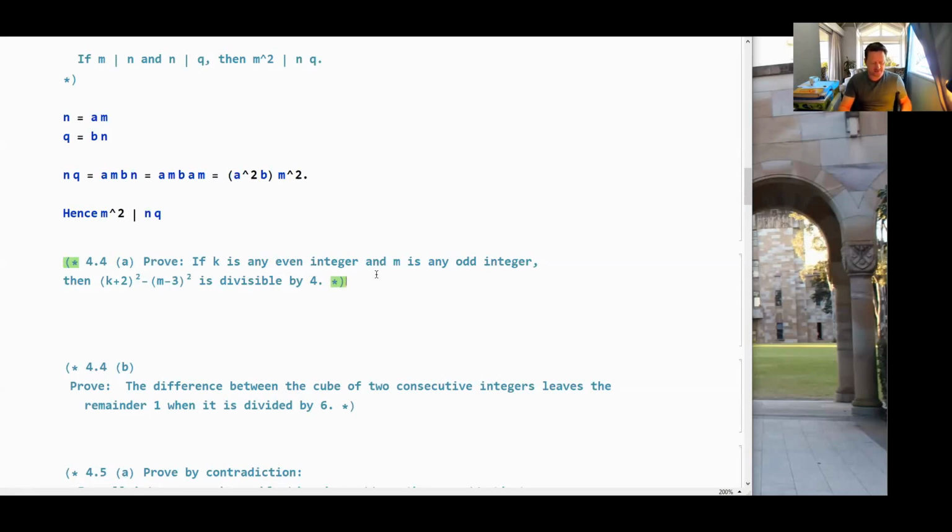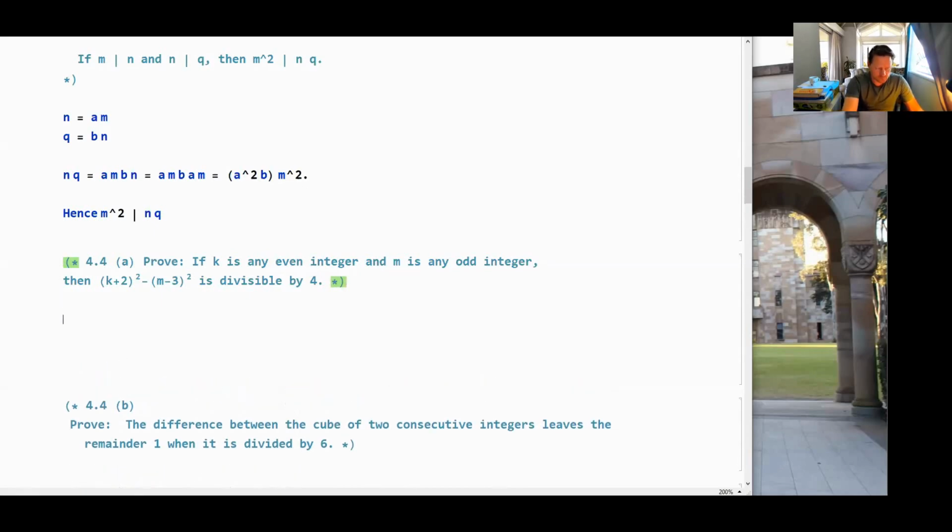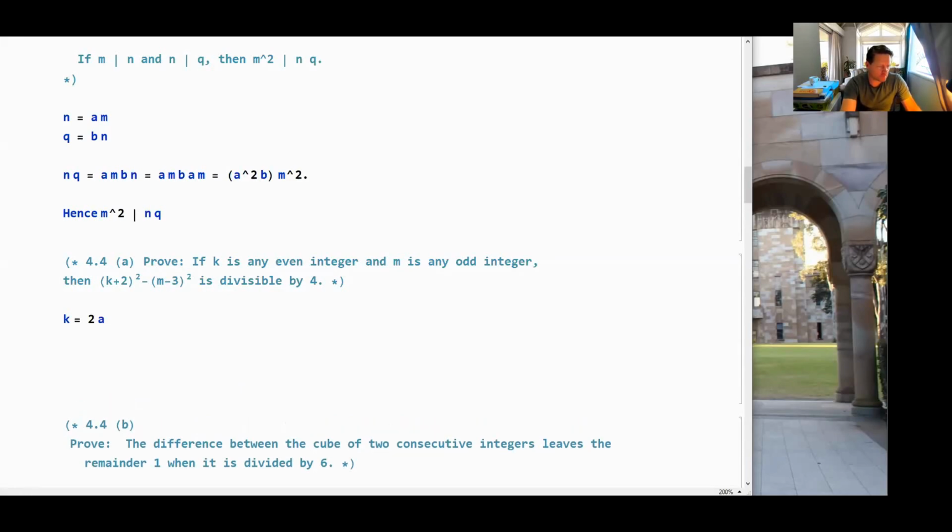If k is an even integer, then there will exist an integer a such that k is equal to twice a. And also, if m is any odd integer, then m is equal to 2b plus 1. In other words, b exists as well.